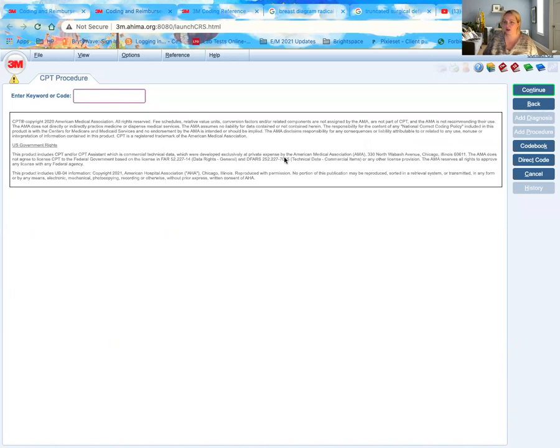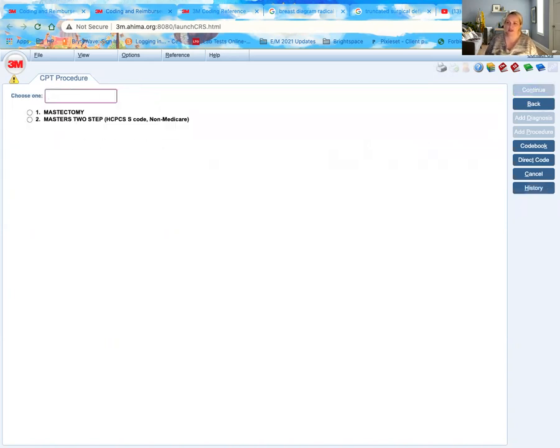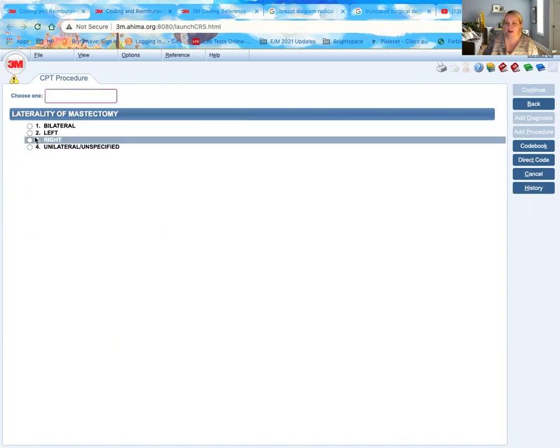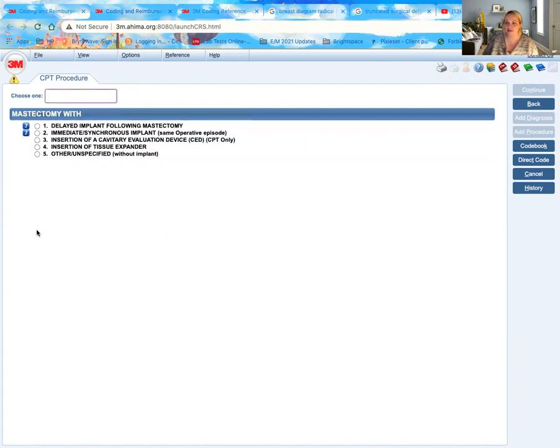And as one last thing to show you how we get that, I'm going to enter mastectomy in 3M, identify the type of mastectomy, which is modified radical unilateral for one side of the right breast without indication of implant.